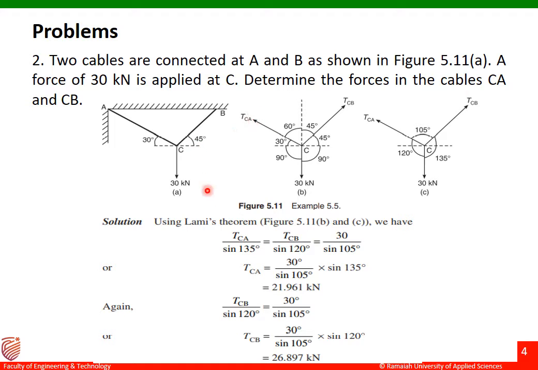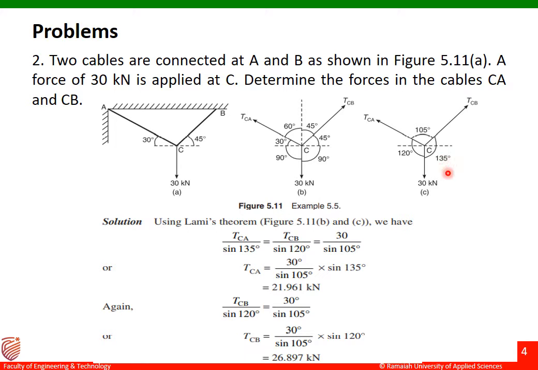Here let us find the angle made by the two forces. Let us find the angle made by the force TCB and 30 kilonewton. This is 45 and this is 90. So the total angle made by TCB and 30 would be 90 plus 45, that is 135 degrees.